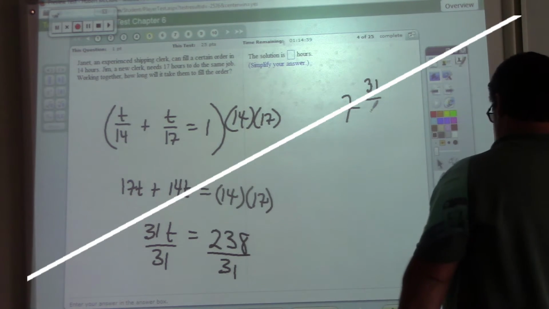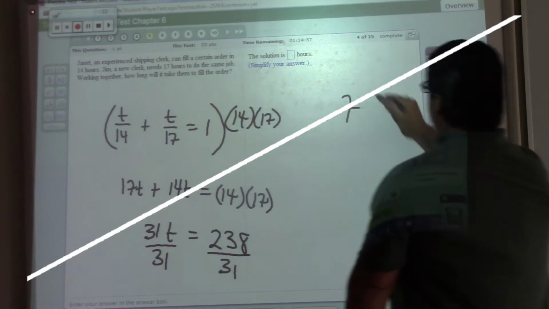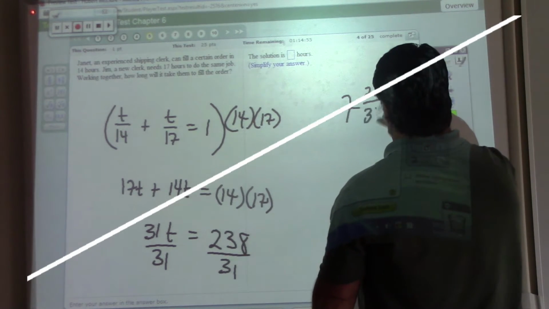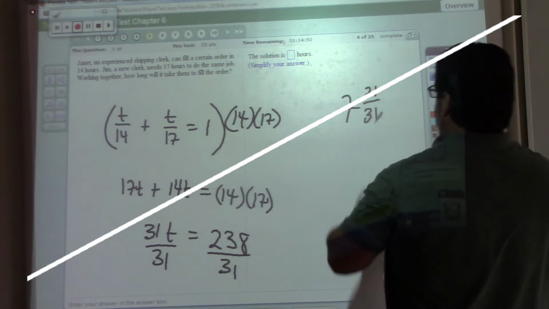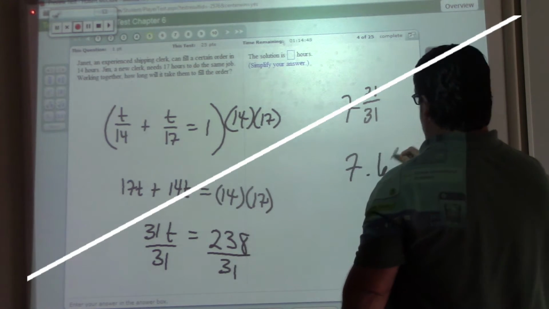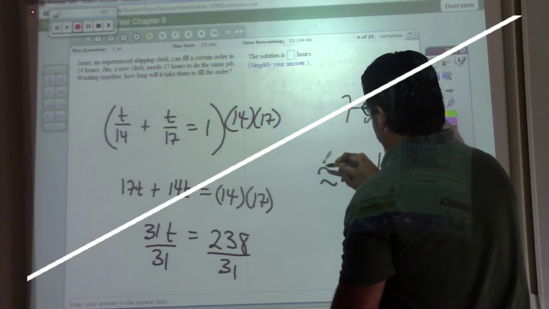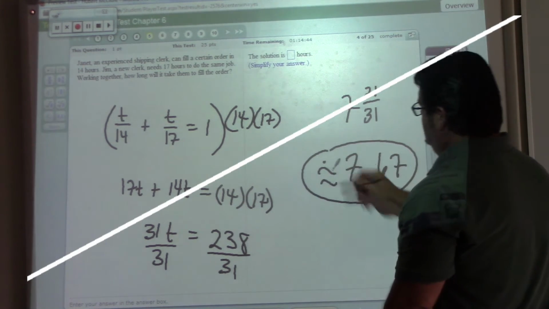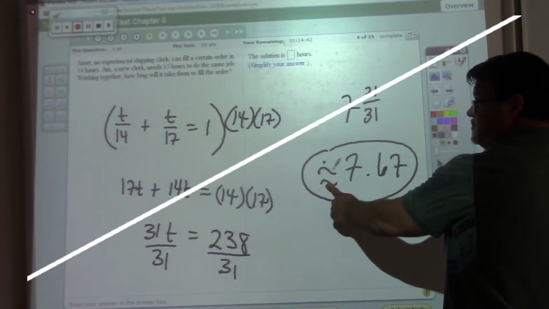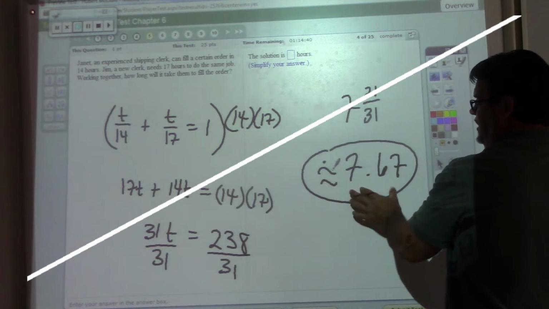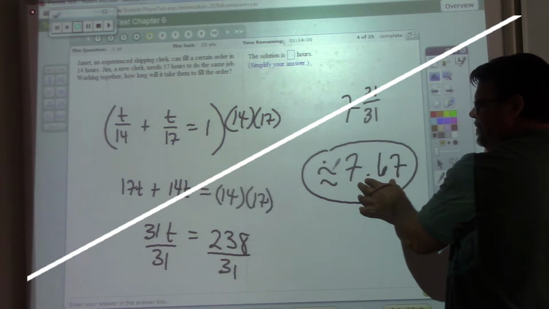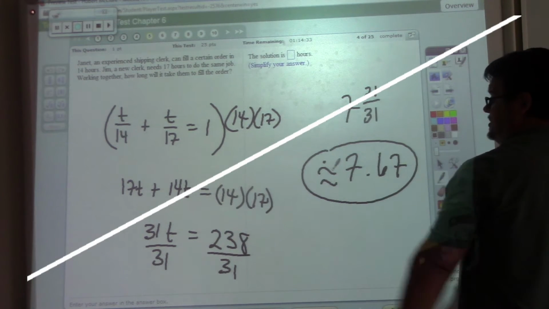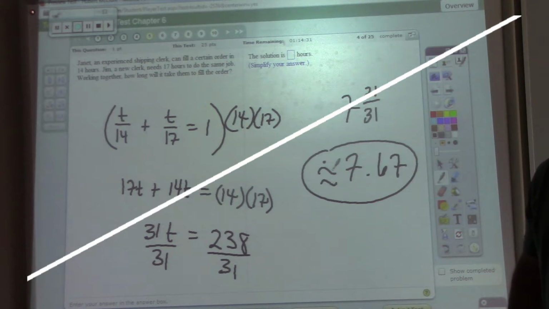Y'all check me. 21 over 31, which 20 over 30 would be 2/3, around 0.67, and I'll put a little squiggly line. That means approximately, meaning don't throw rocks at me if I'm off a little bit. What's the answer? 7.677. It's a miracle.